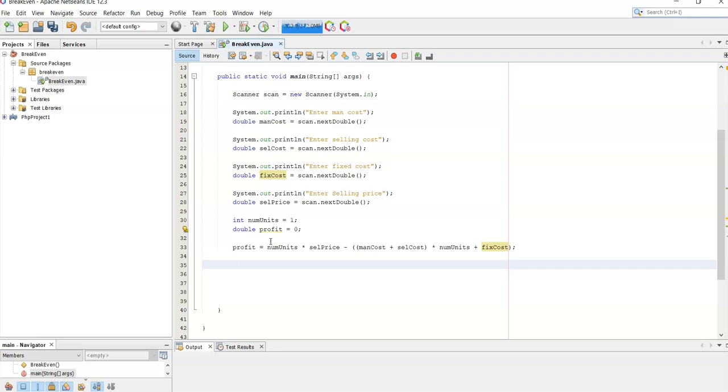After we get the profit, we need to check if profit is greater than 0 or not. All right. If profit is greater than zero, what am I going to do if it is greater than 0?